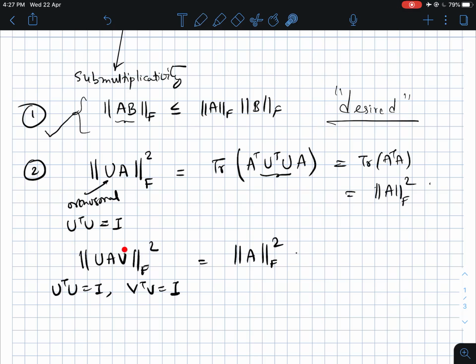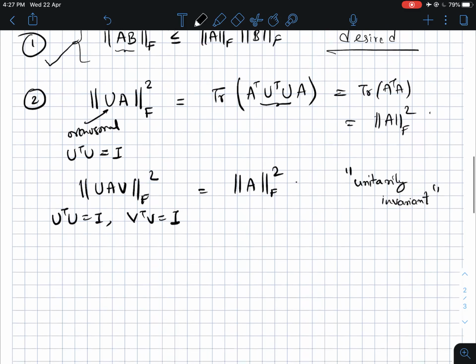So either pre-multiplying or post-multiplying, that is, multiplying before or after with an orthogonal matrix, will not change its Frobenius norm. This is a very desirable property that the Frobenius norm has. It's called unitarily invariant. It's called unitary because the extension of orthogonal matrices to complex valued matrices is called unitary.